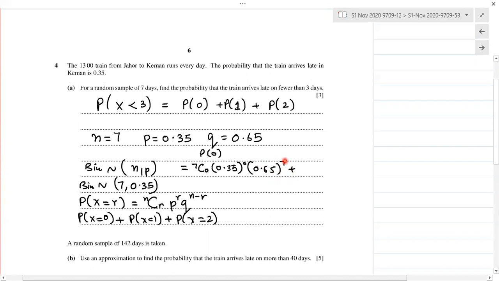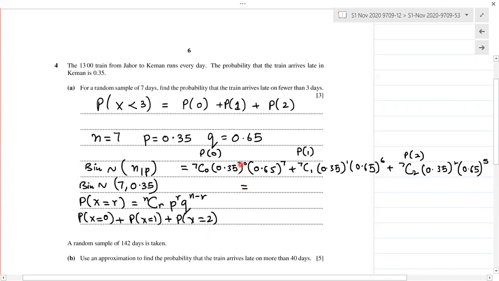Then we do it for 1: 7C1, 0.35 to the power of 1 this time, and 0.65 to the power of 7 minus 1, so that's 6. Then for the probability of 2, that's 7C2, 0.35 squared, and 0.65 to the power of 7 minus 2, that's going to give us 5.